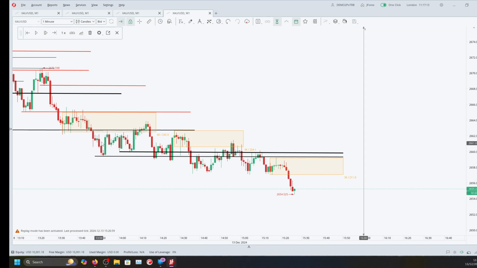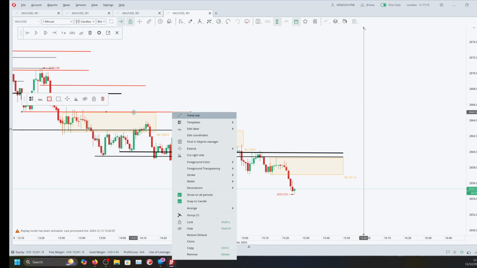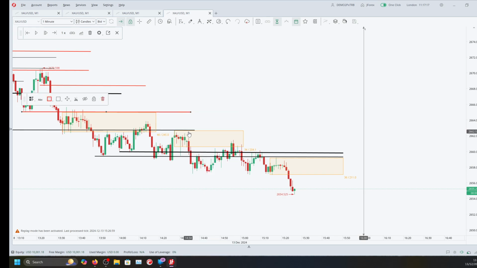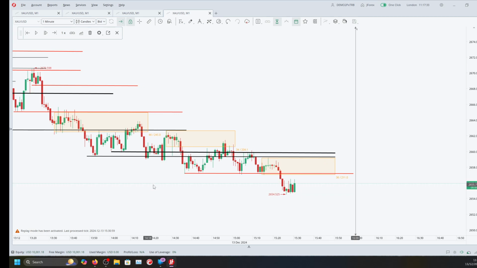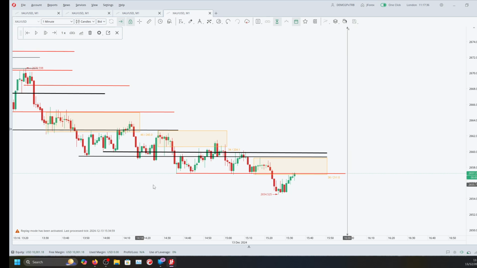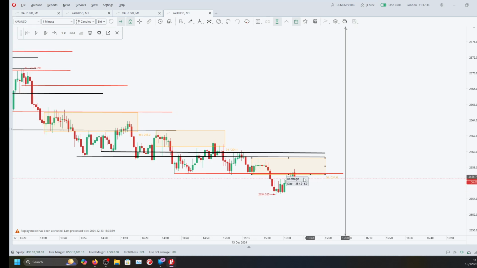I know it gets confusing with all the lines and everything. See, now you'd be anticipating price coming back in here and looking for a reason to enter short. Yeah. Bearish engulfing, short.